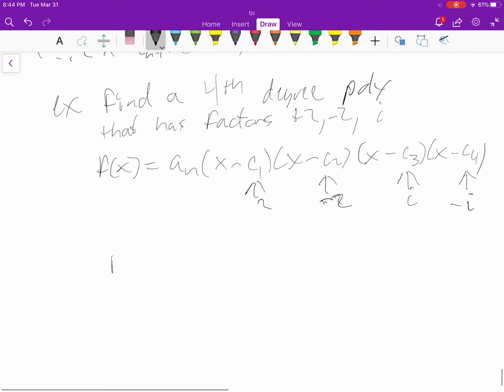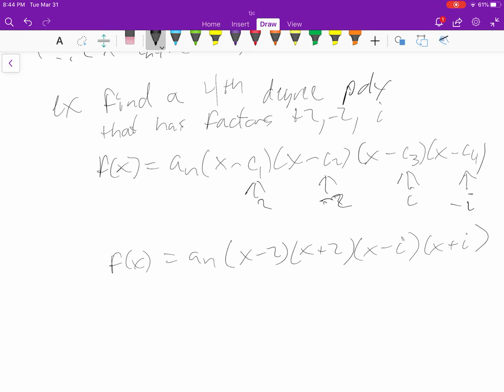So this would be our solution. The only thing we're left wondering is an. an could be any real number. And so if we wanted to find a fourth degree polynomial that fits these, we could just throw in an an, say 4.